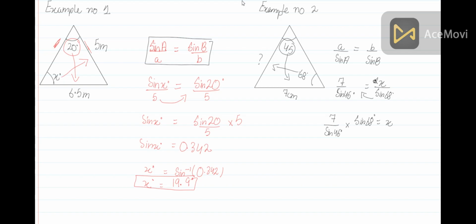So the length of x is 9.17 centimeter. So this is the example number 2, in which the side is not given to you, but with the help of the sine rule, you are easily able to find out the length of a non-right angle triangle.